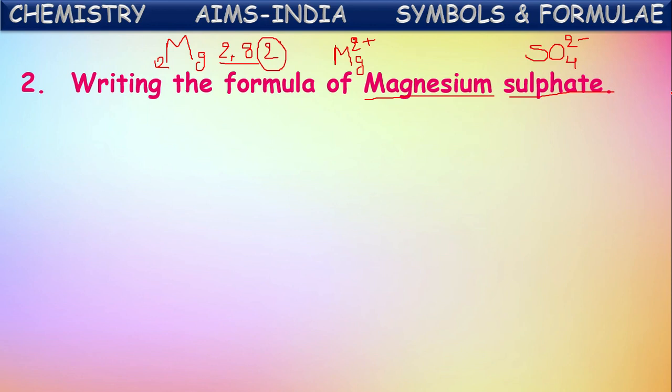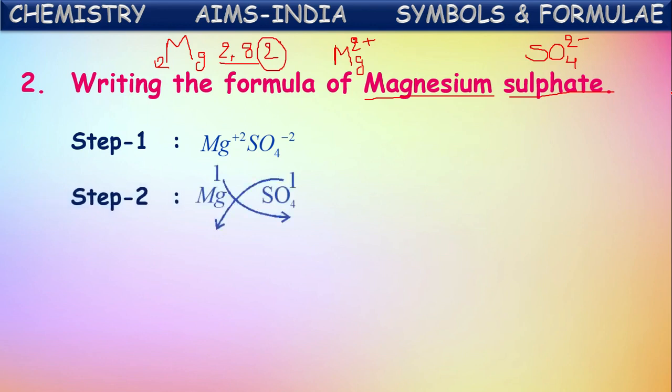Now let us try to write the molecular formula of the compound formed by magnesium and sulfate ions. The first step is writing the positive ion followed by negative ion. First Mg plus 2 is written and next SO4 minus 2. In the second step, the common factor should be eliminated.